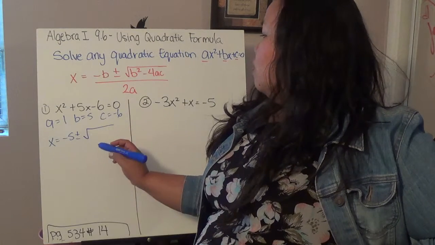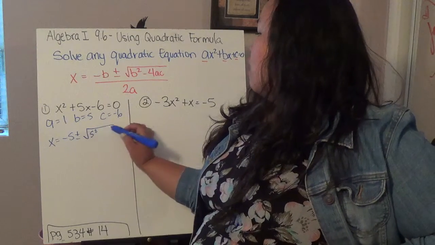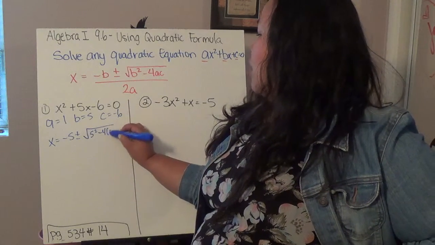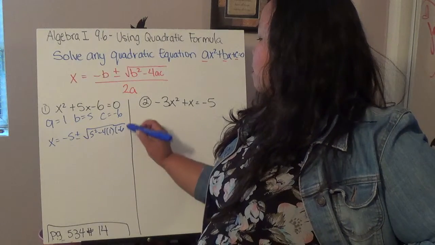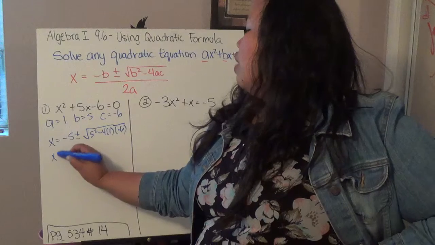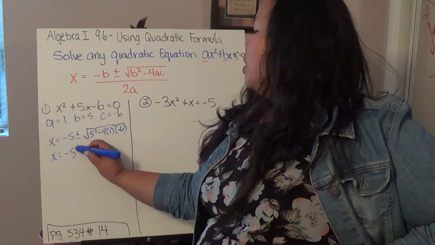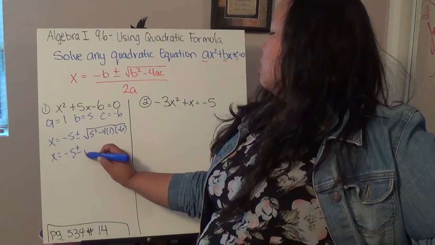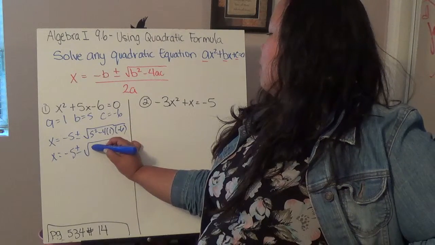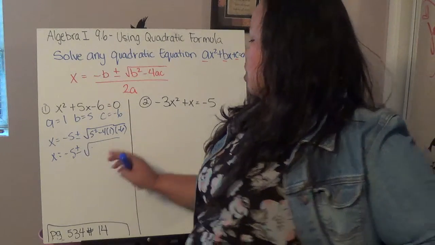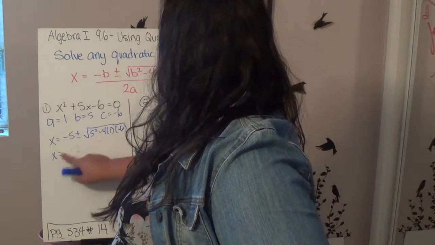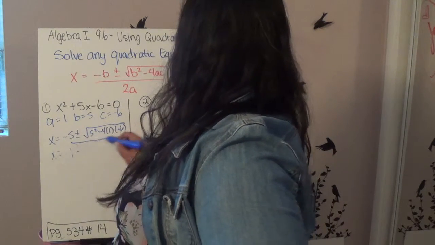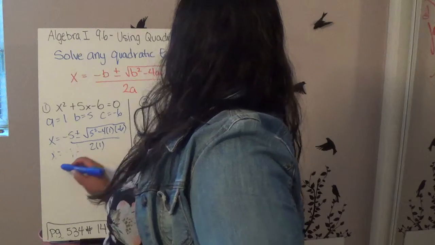The square root of 5 squared minus 4 times 1 times -6. So x equals -5 plus or minus the square root of that, divided by 2 times a, which is 1.